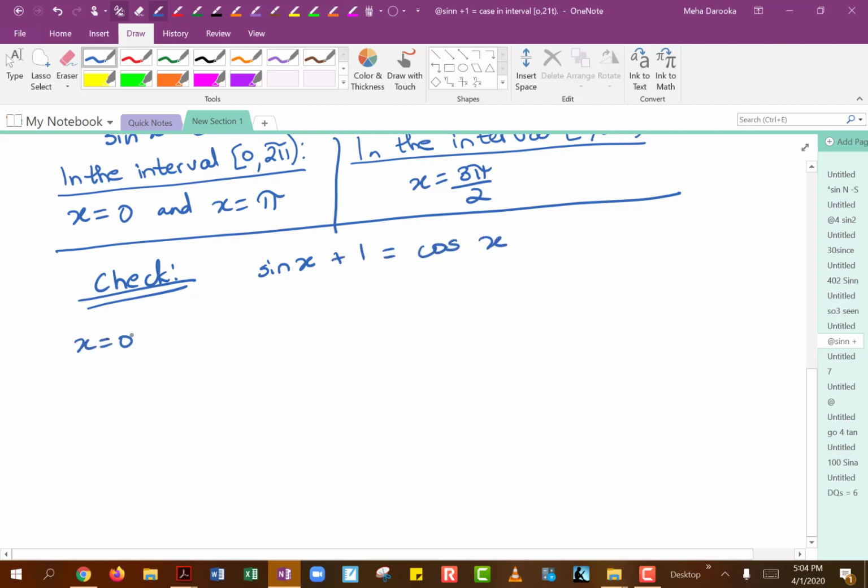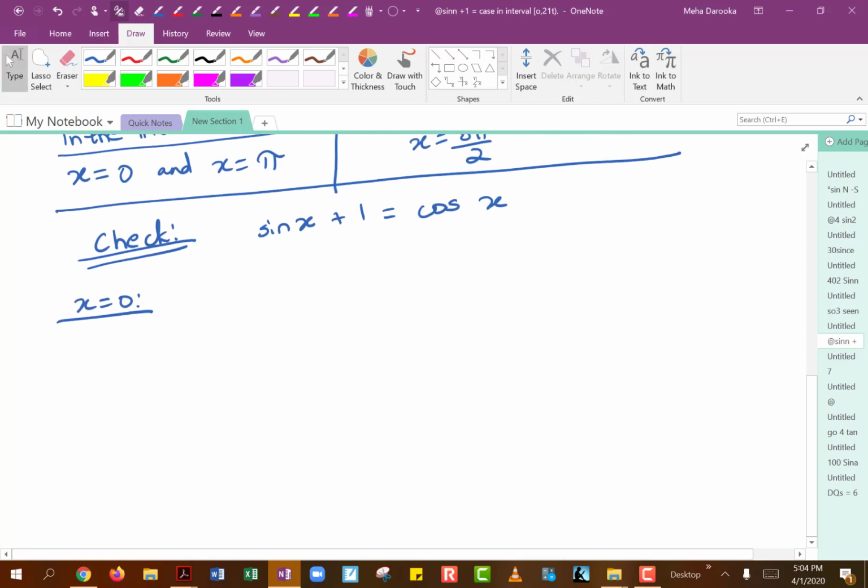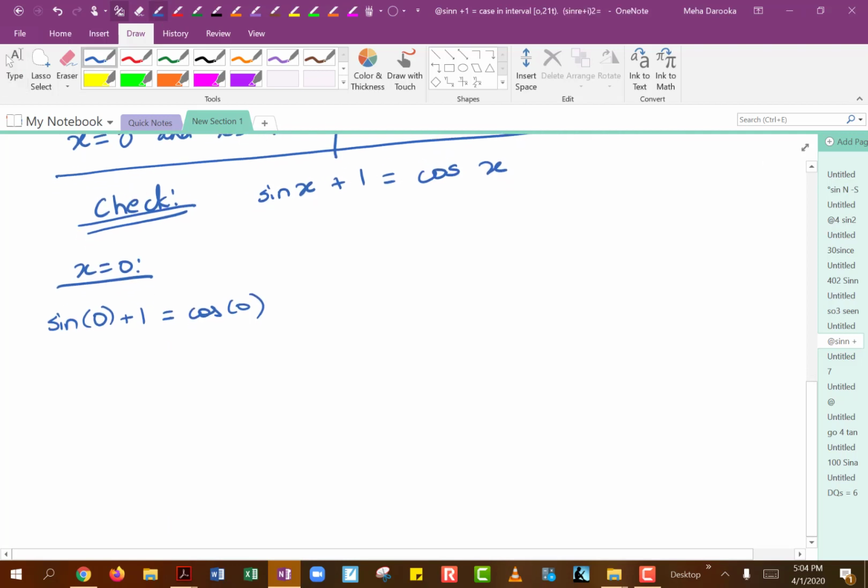So let's start with x equals 0. That would be sine of 0 plus 1 equals cosine of 0. So remember, sine of 0 is going to be 0. Nope, sorry, I think I did that wrong.